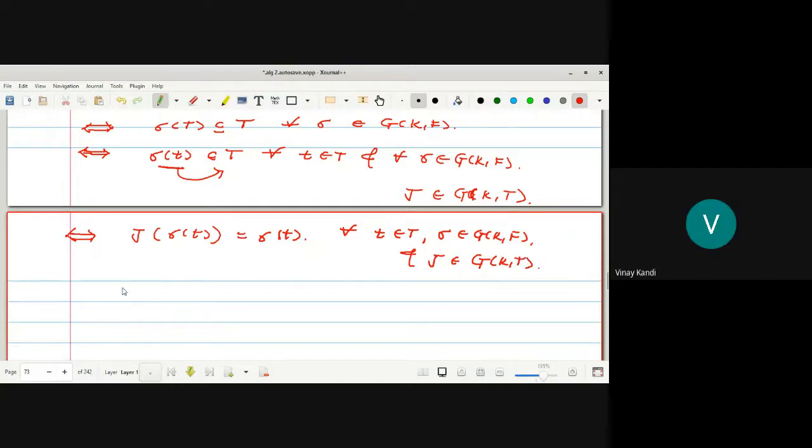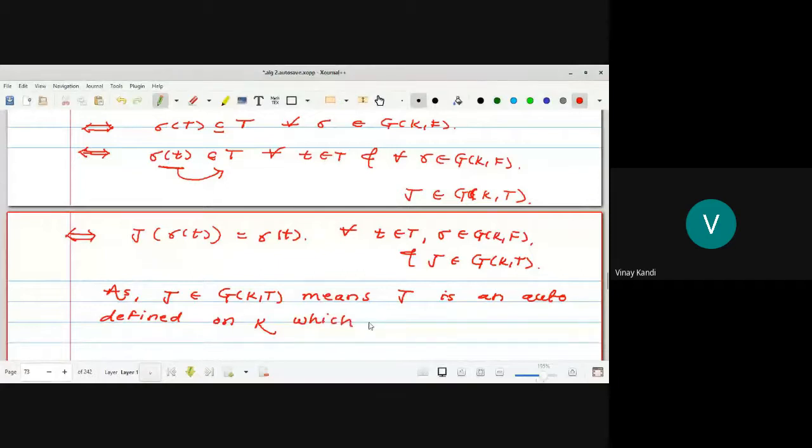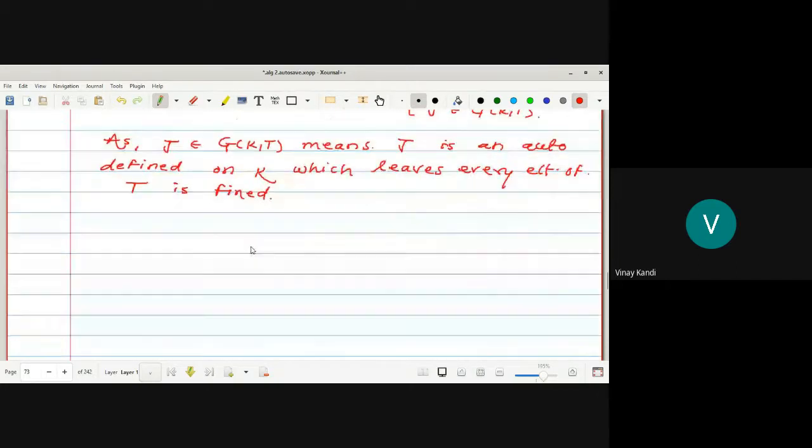Yes, sir. Now, J belonging to G(K/T) means J is an automorphism defined on K which leaves every element of T fixed.